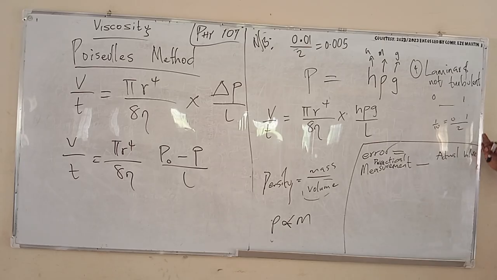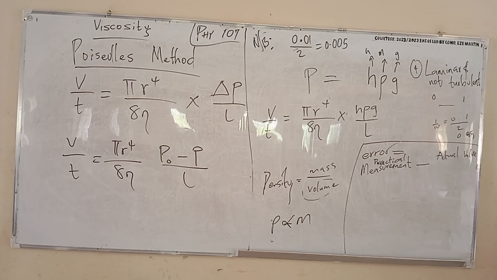Can you hear me? So let's say I know that naturally the standard error of a meter rule, when I do 0.1 divided by 2, should be 0.5, or is it 0.05? 0.05, thank you.